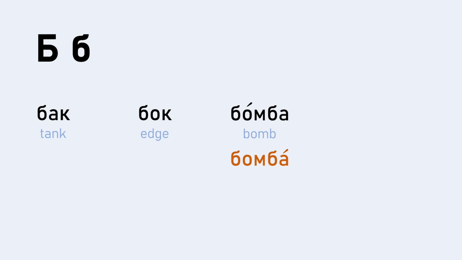And because we have a letter O inside that unstressed syllable, it's going to be reduced. So if this word were to exist, it doesn't, it would sound like bamba. Bamba. Do you notice the difference? Bomba, bamba. All right? We're of course only interested in bomba.